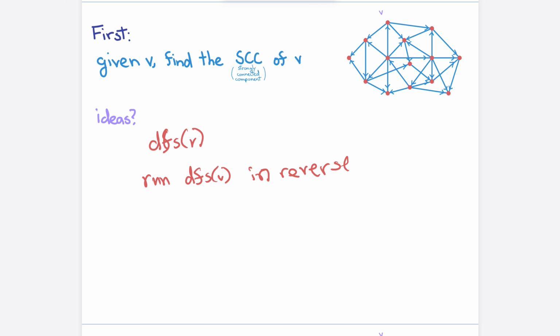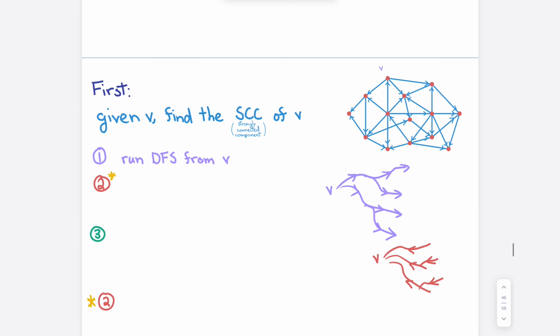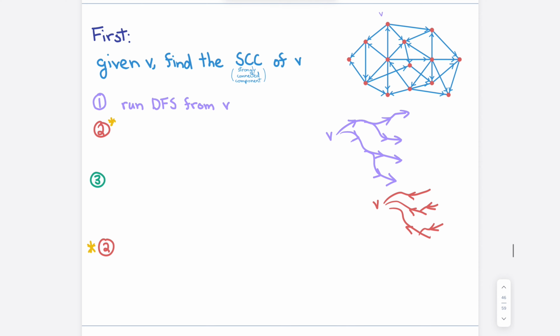A more naive thing is first run DFS from V, and then run DFS from every other vertex to see who can reach V. Okay, and then you're running n DFSs, so it would take like m times n time. Okay, but this solution is more clever. Okay, yeah, well, you just totally spoiled it, but that's okay.